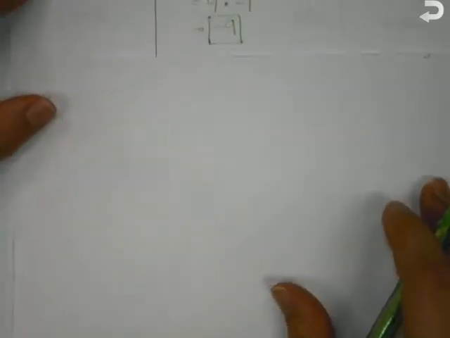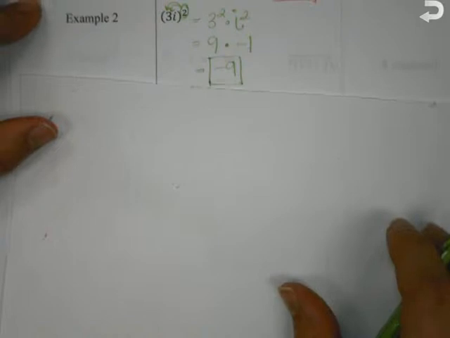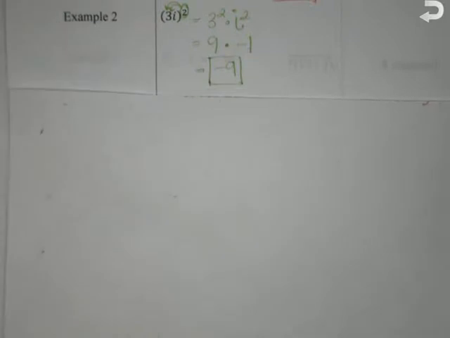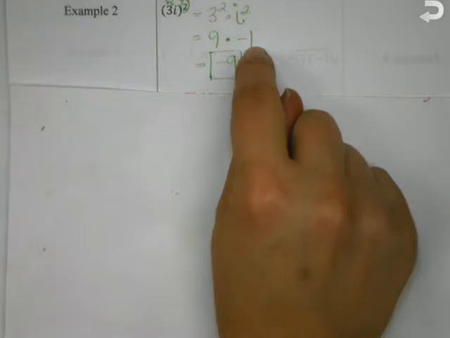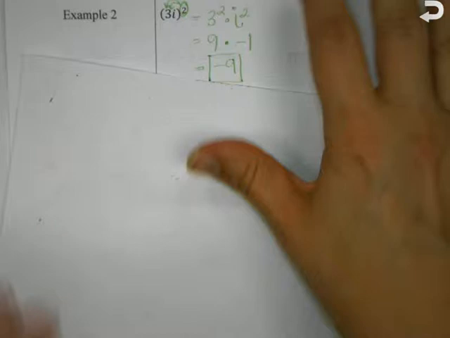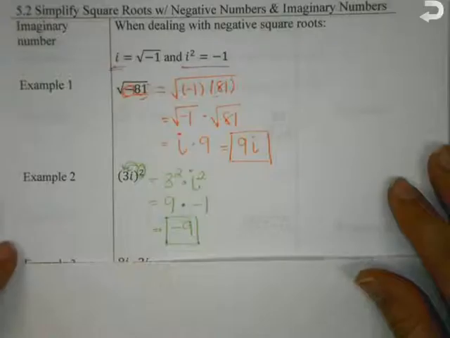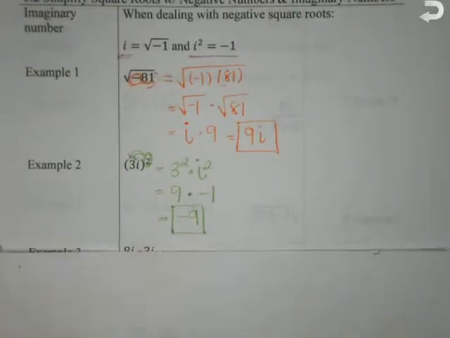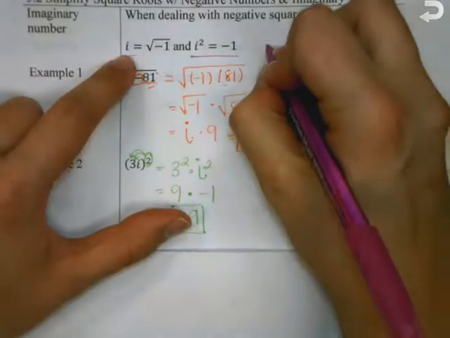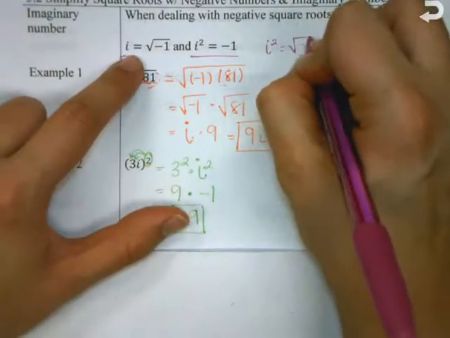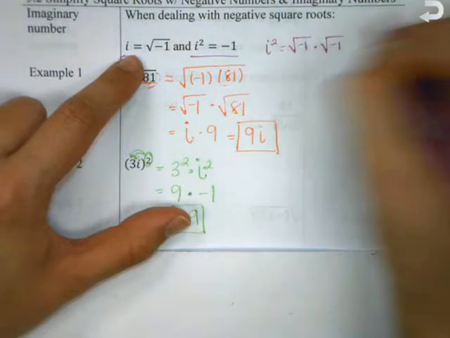Okay? So i squared is actually really, really nice. Whenever we get an i squared, we automatically just change it to a -1. The reason why i squared is -1 is because i squared is equal to square root of -1 times square root of -1, right? That's i times i. And remember what I told you?